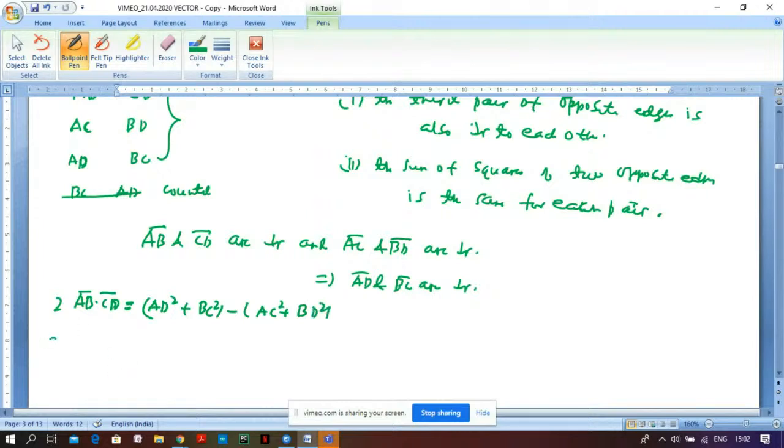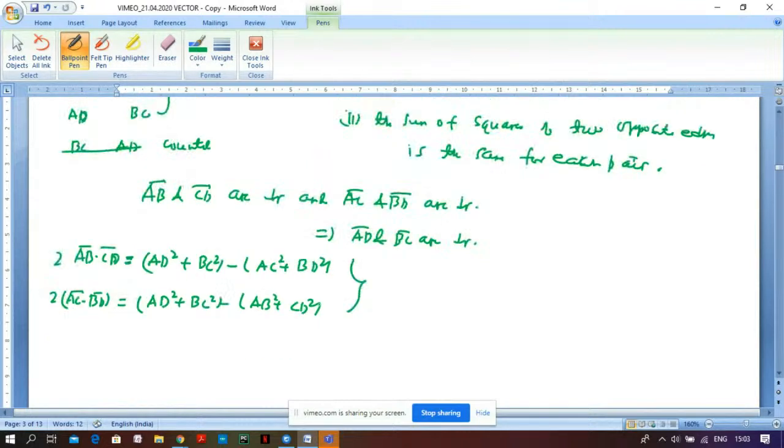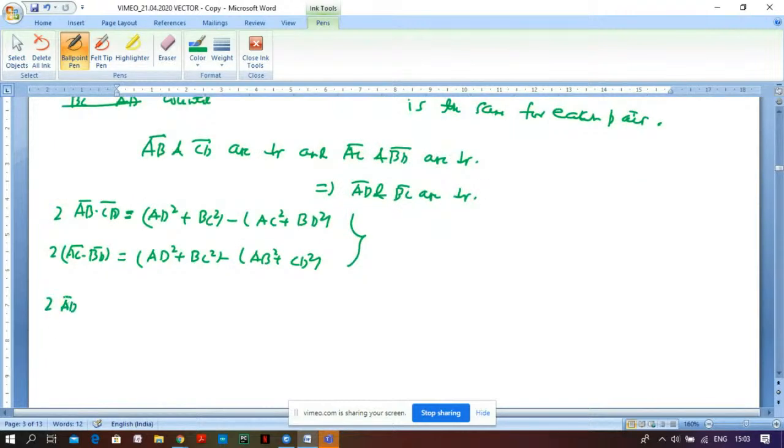Similarly, twice AC dot BD equals AD squared plus BC squared minus (AB squared plus CD squared). And also twice AD dot BC equals AC squared plus BD squared minus (AB squared plus CD squared).